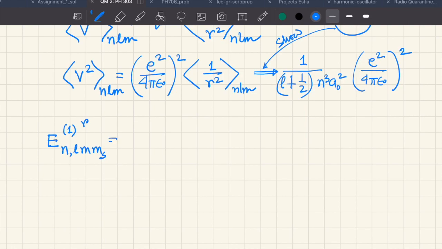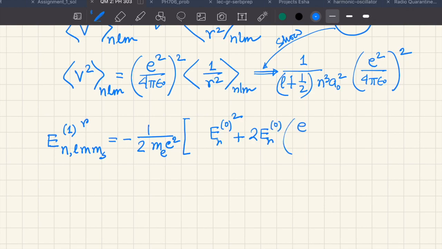So this object is minus 1 by 2 times m e c squared into En0 whole square plus 2 times En0 into e square by 4 pi epsilon naught into 1 by n squared into a0.